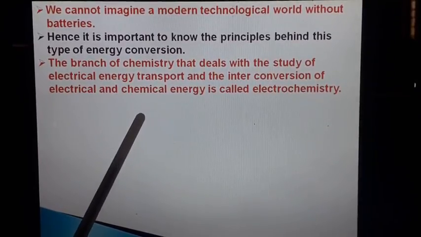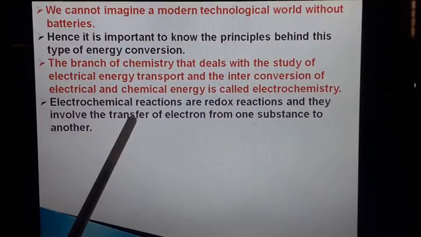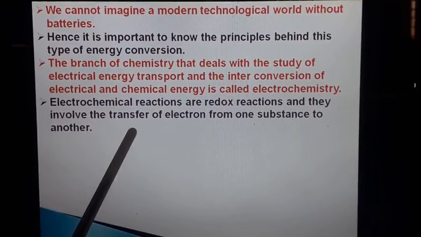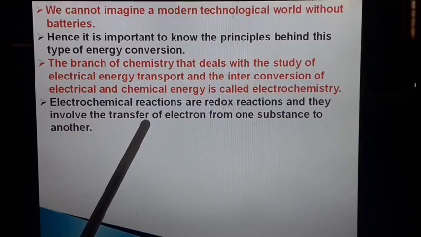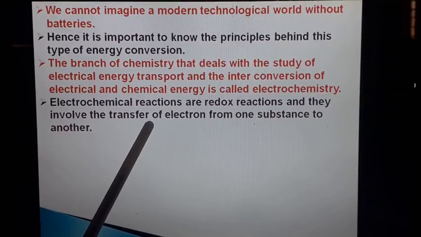Very important for 2 marks. Next, electrochemical reactions are redox reactions. Electrochemical reactions mean the conversion of one energy to another, that is electrical energy to chemical energy. Redox reactions take place. What is redox? Reduction and oxidation reactions take place at the same time simultaneously.